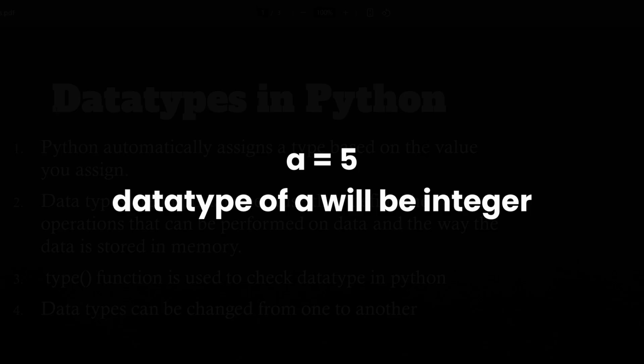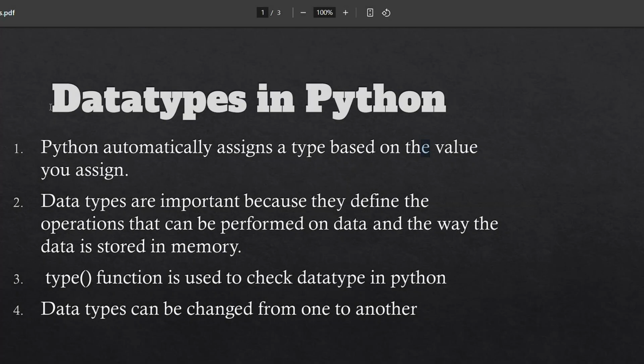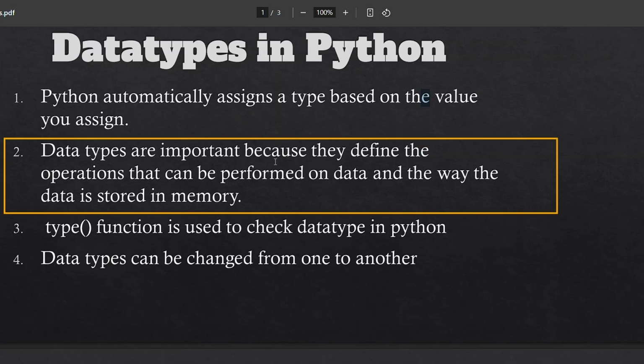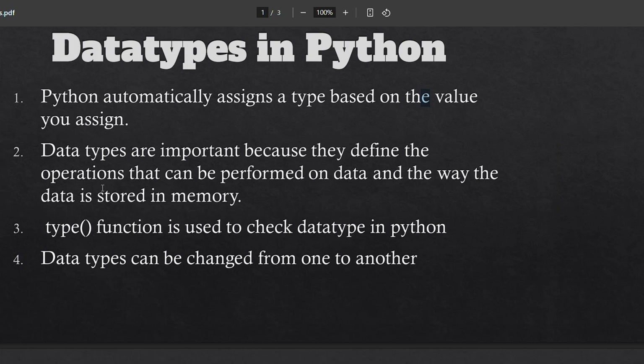But in languages like C++ and Java, we have to specifically mention what kind of data type this variable is going to hold. Moving to the next point, data types are important because they define the operations that can be performed on data and the way data is stored in memory. This we have already discussed in the arithmetic operations.